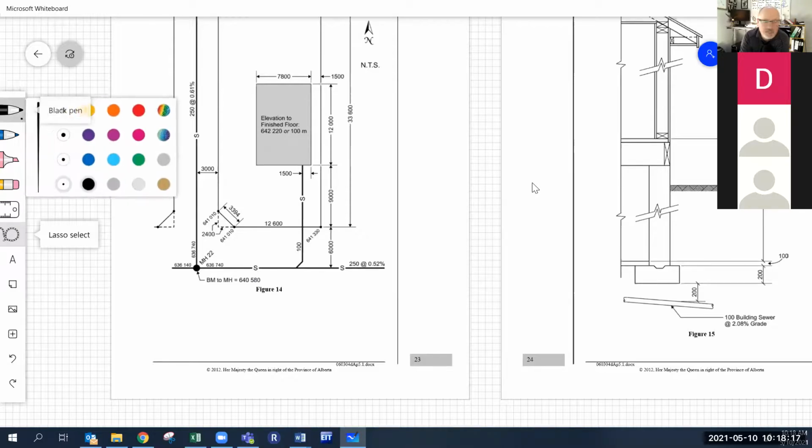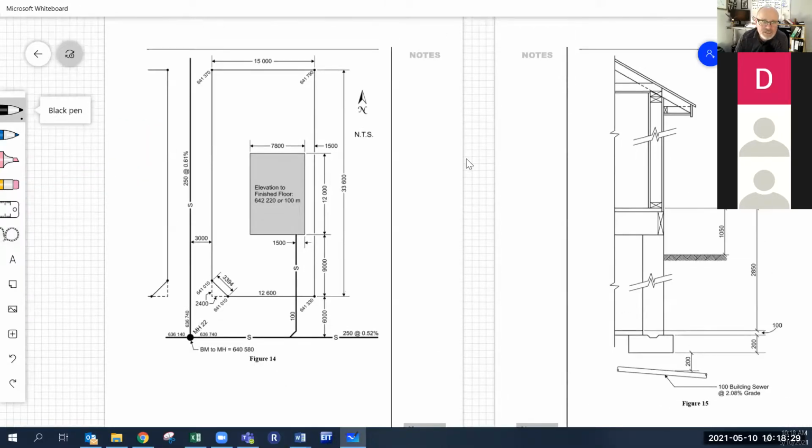Okay, let's go to the next question. What is the difference in elevation along the north property line? Do we go from there to there?